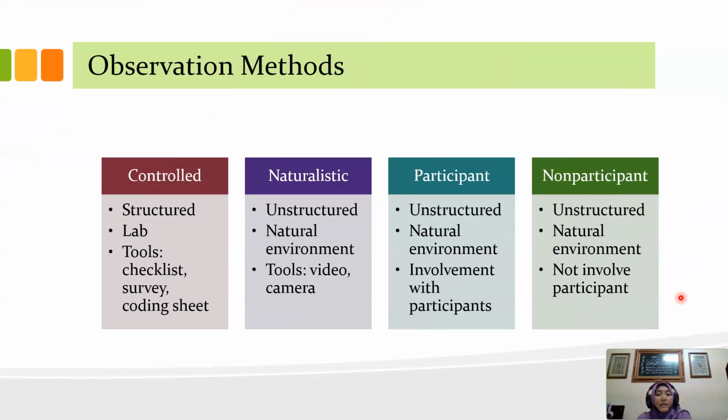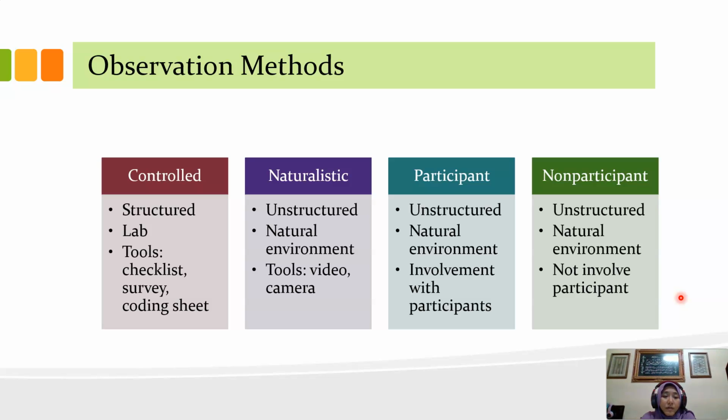Alright, so let us look at the observation methods that we can have. You can have controlled, naturalistic, participant, non-participant. Controlled, basically you will use a lab, and it is structured. So you have something that you have organized or planned to observe. Tools that you can use are checklist, survey, coding sheet.